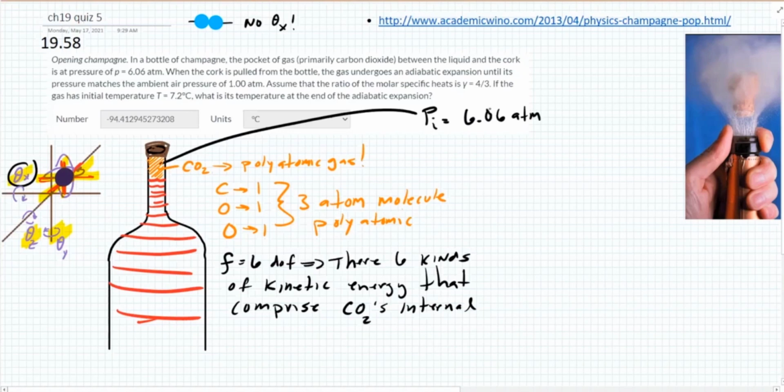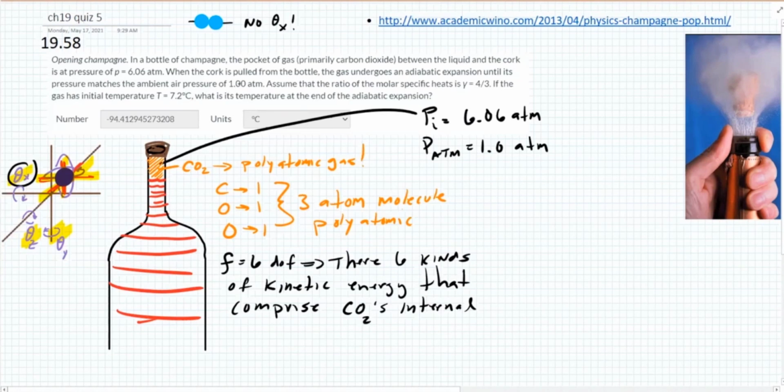That's high pressure, because standard atmospheric pressure is 1 atmosphere. So you can see this is very high pressure because you have carbon dioxide gas forming from the bottled champagne, and the pressure is building up.